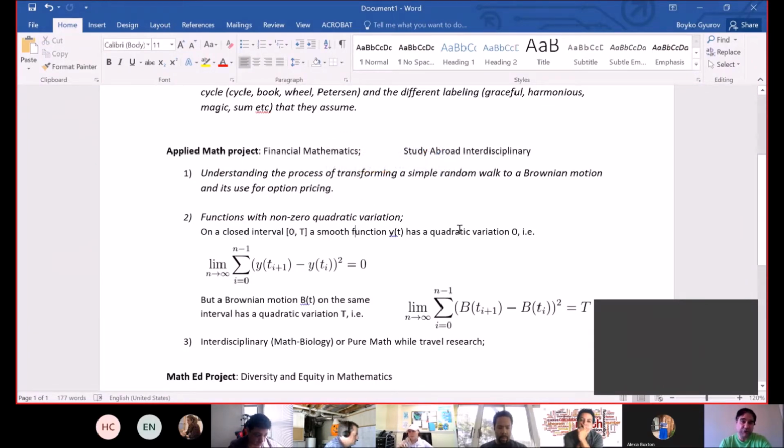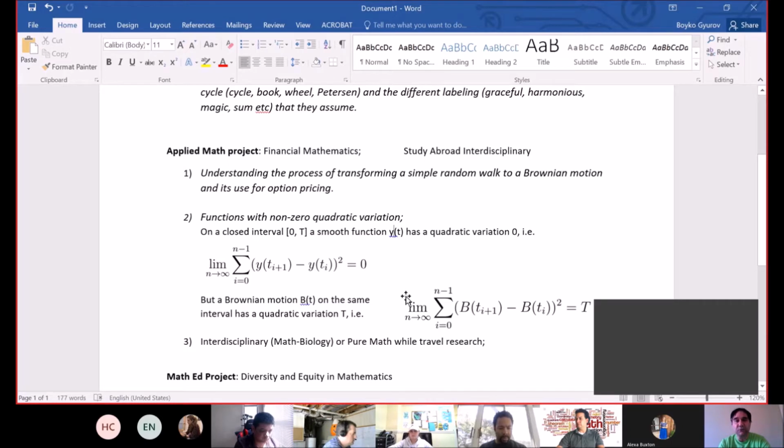But we can do just formal mathematical studies, focusing on something called quadratic variation. So you can see here what quadratic variation is. Technically, if you take a function on an interval, say from 0 to t, if the function is smooth in the usual way we think of functions, differentiable, then the quadratic variation is 0, and that's very easy to prove.